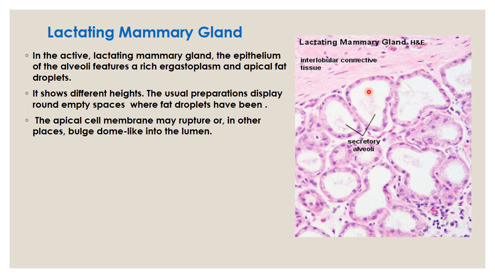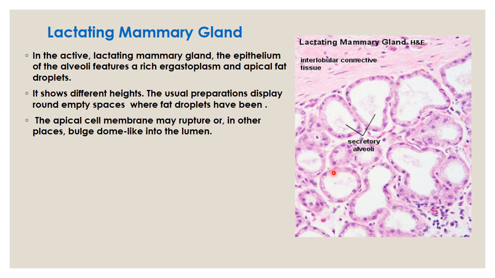Now, this is the slide of the lactating mammary gland. The alveoli are filled with the secretory secretions, that is the initial colostrum or the foremilk, and you can see the thinned out interlobular connective tissue and the intralobular connective tissue.